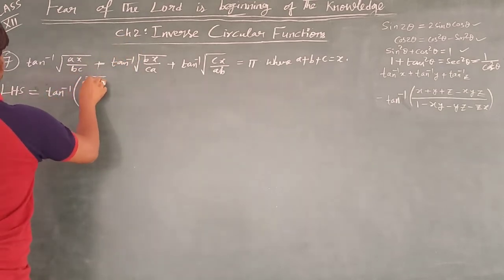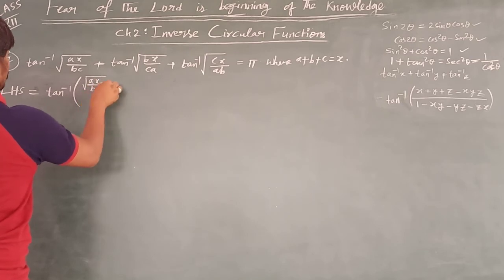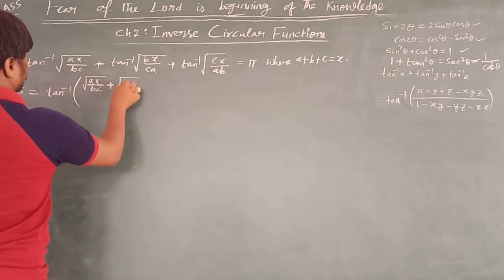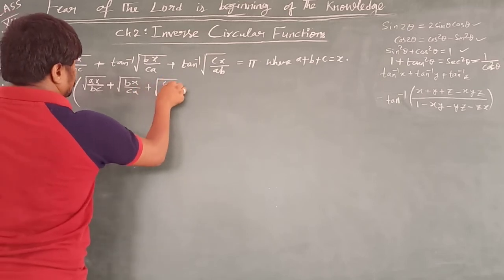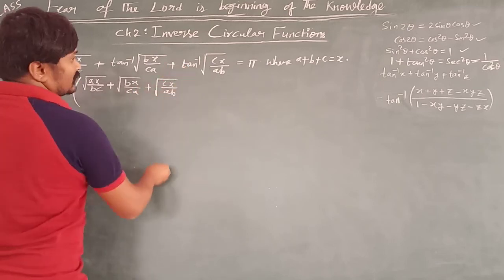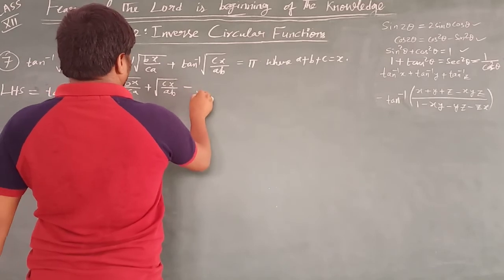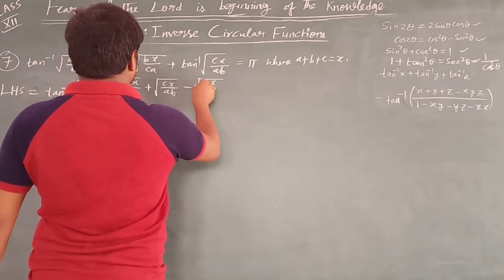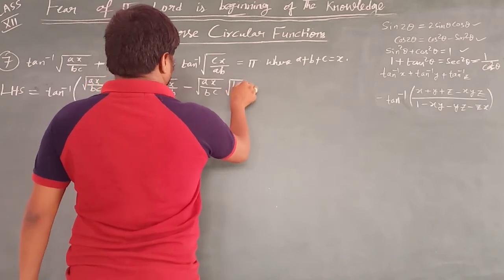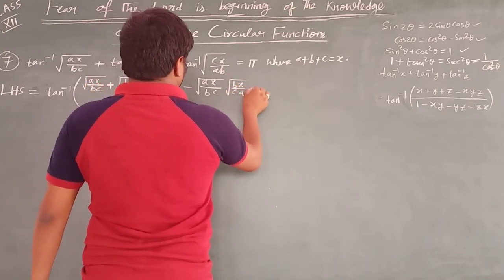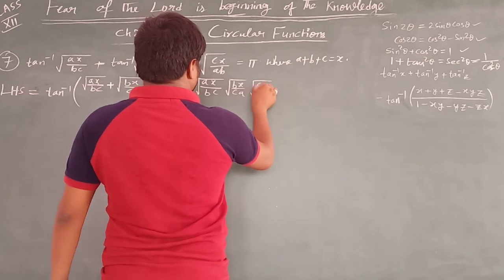So x here is square root of ax upon bc, plus y is square root of bx upon ca, plus square root of cx upon ab, minus xyz. Here again, square root of ax upon bc, square root of bx upon ca and square root of cx upon ab.